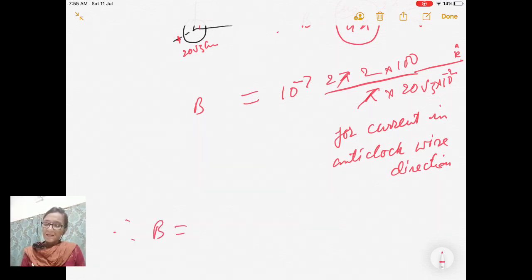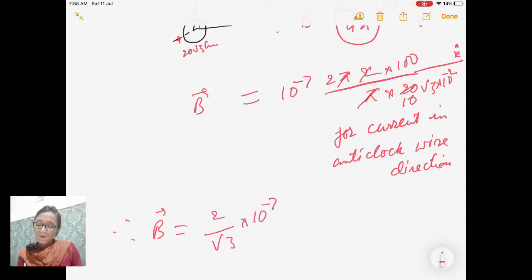Therefore, B is given by, it is also cancelling. So it becomes equal to 2 upon root 3 into 10 power minus 7 into 100 along k cap.